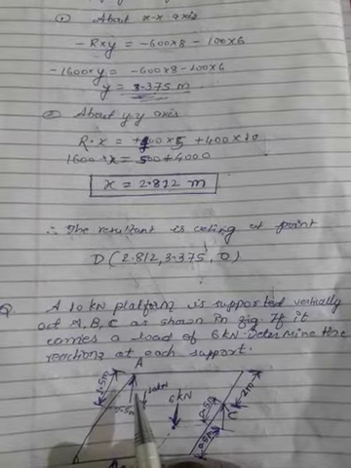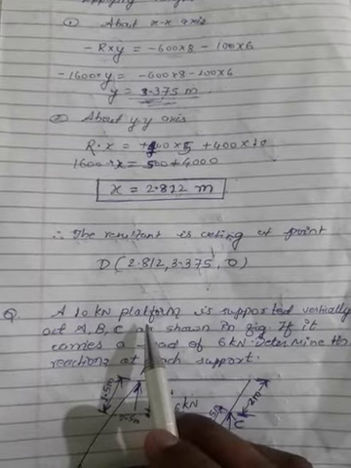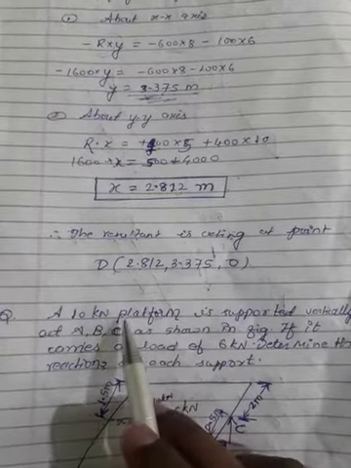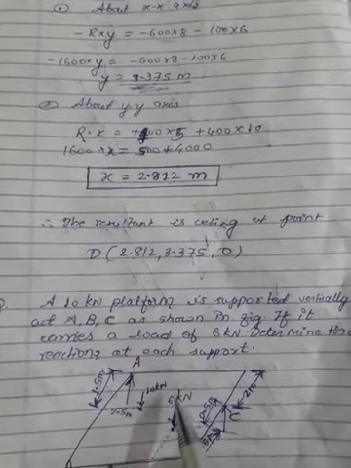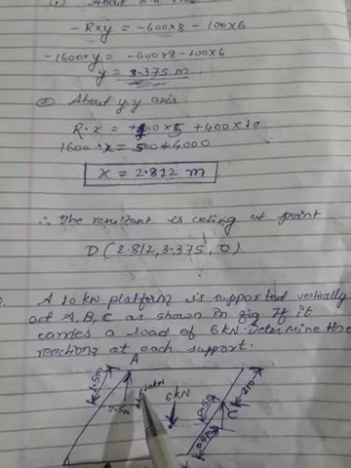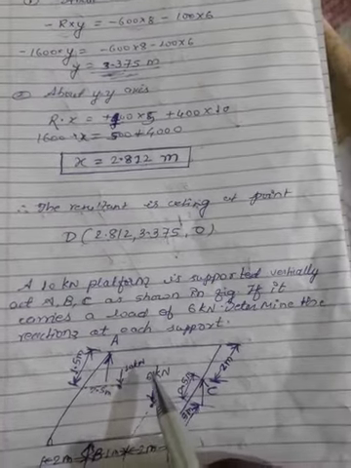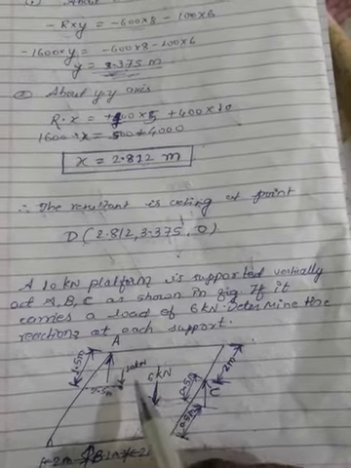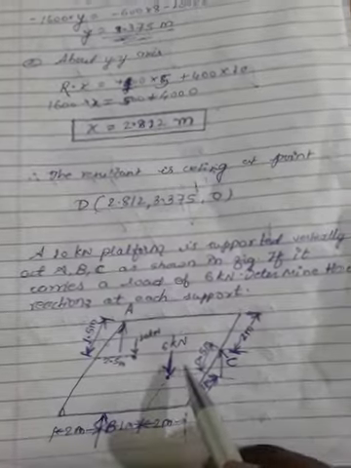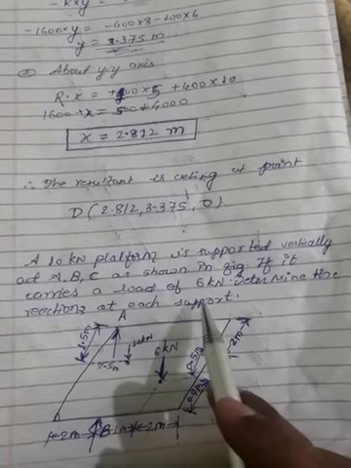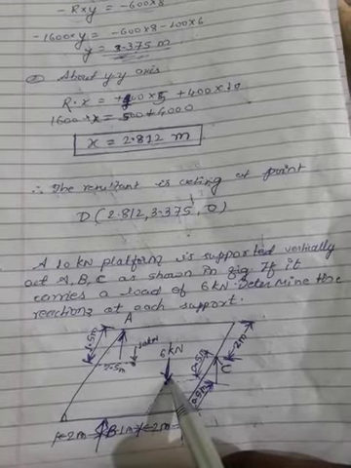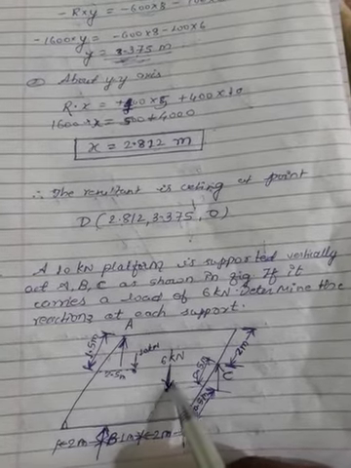Now we are going to study the second numerical on the parallel space force system. A 10 kilonewton platform is supported vertically at points A, B, C as shown in the figure. You are given a 10 kilonewton platform. It carries a load of 6 kilonewton, also shown here.